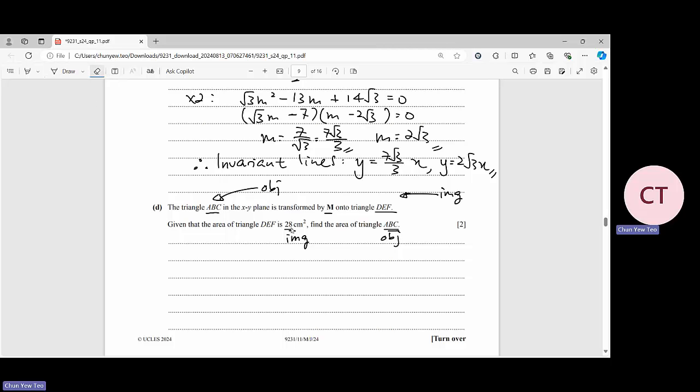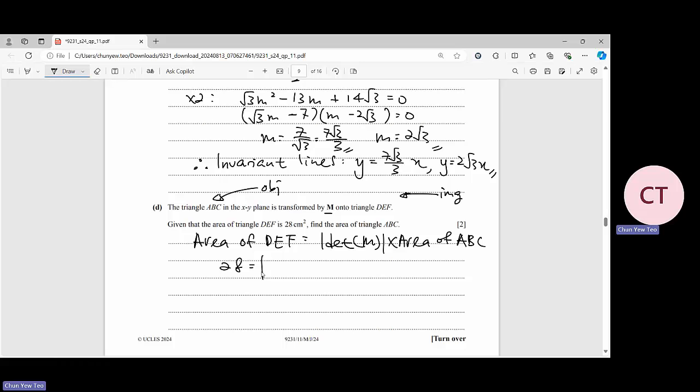Okay, so we know the relationship: the area of image, the area of DEF, is equal to the modulus of the determinant of M multiplied by the area of object. So this one is 28.